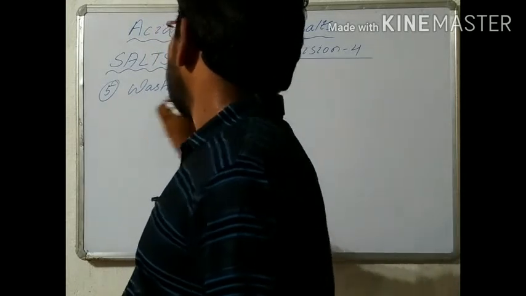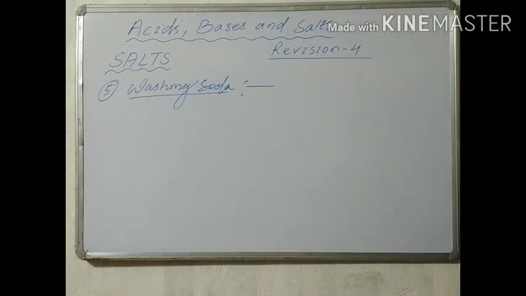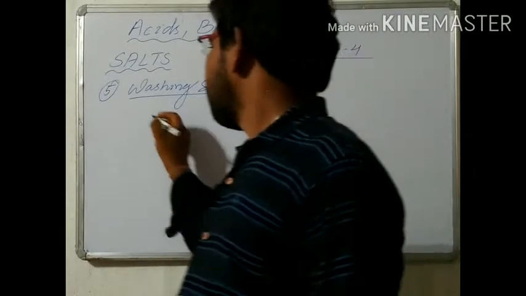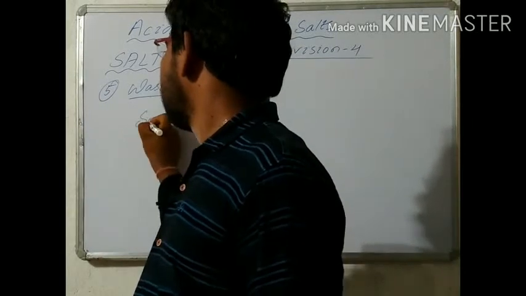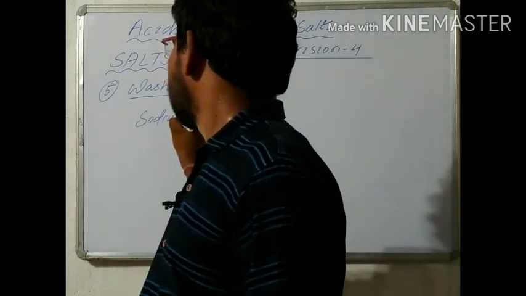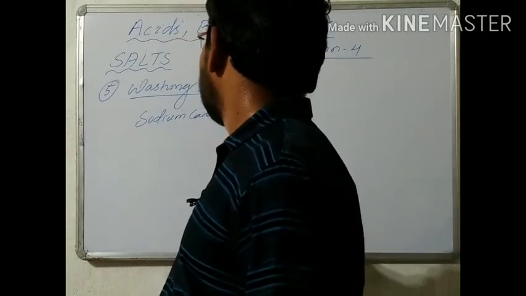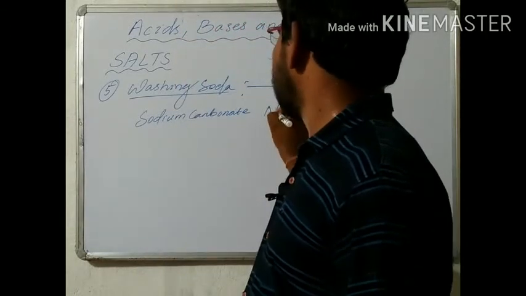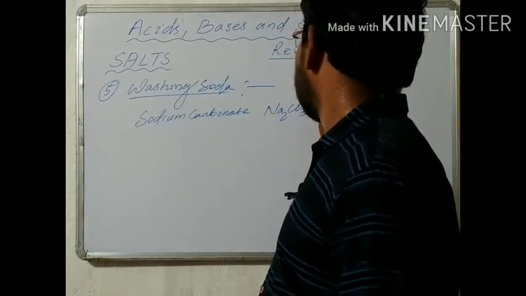The chemical name of washing soda is sodium carbonate. What is the chemical name? Sodium carbonate. And the formula is Na2CO3 dot 10H2O.